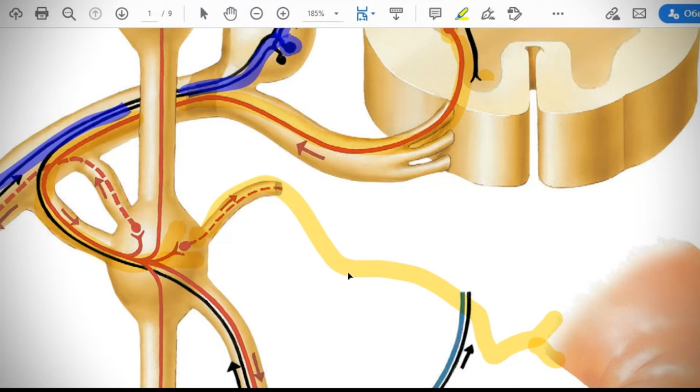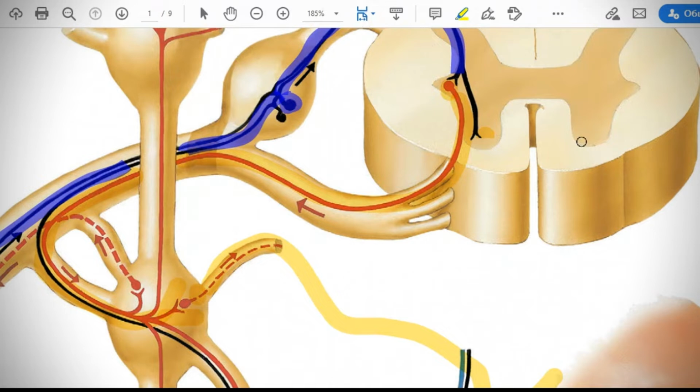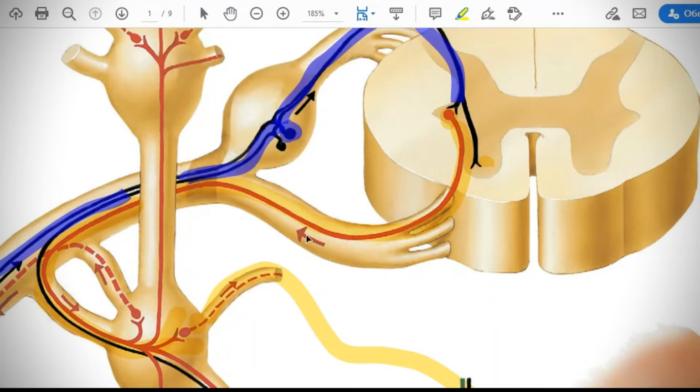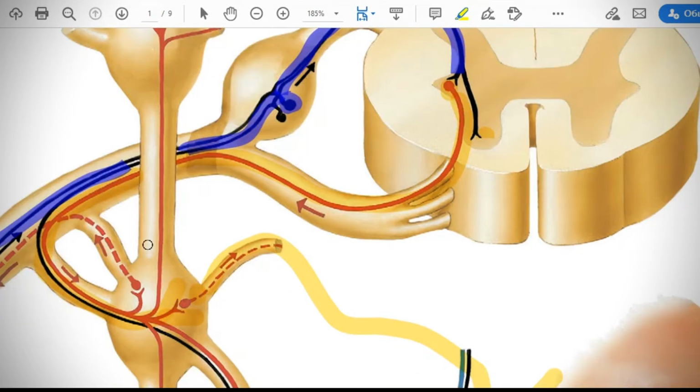The second neuron is called the postganglionic neuron, with postganglionic fibers. So this is the main difference: a simple reflex arc of the autonomic nervous system consists of three neurons, one sensory and two efferent.